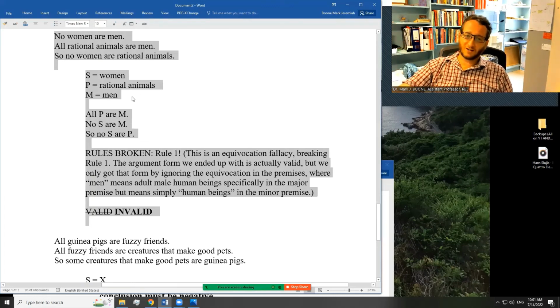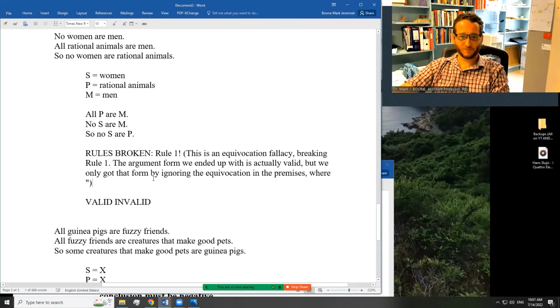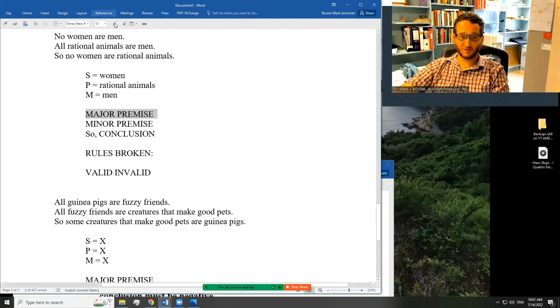An alternative strategy is to, since you've actually got two terms here where they look like one term, you've got the same noun or noun phrase, but they do not denote the same category of things.